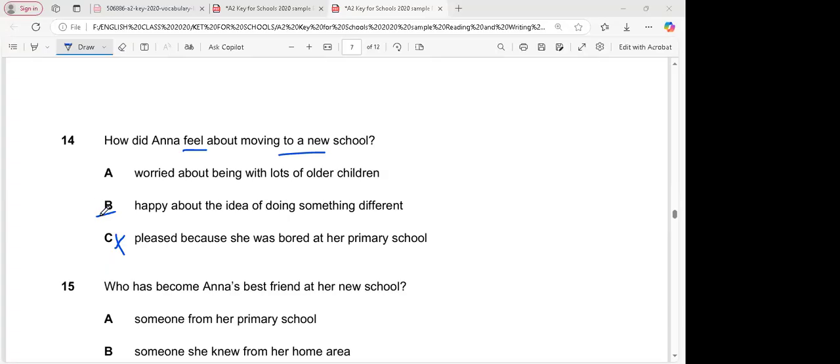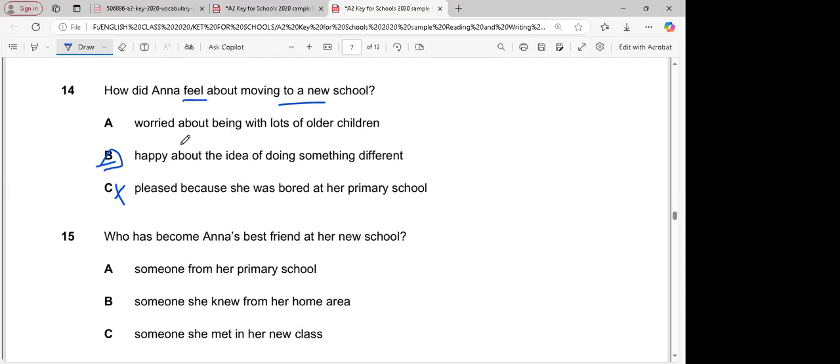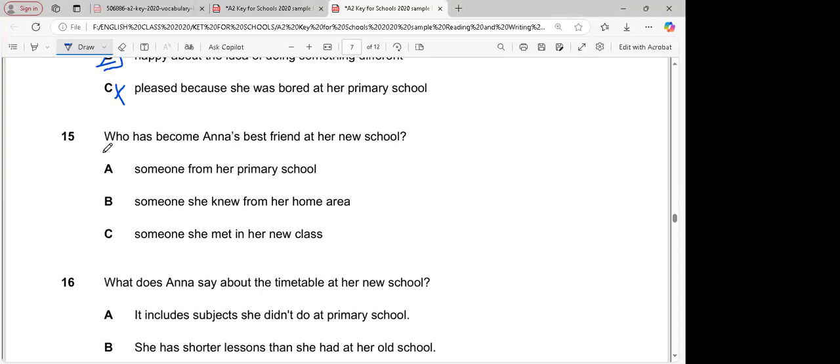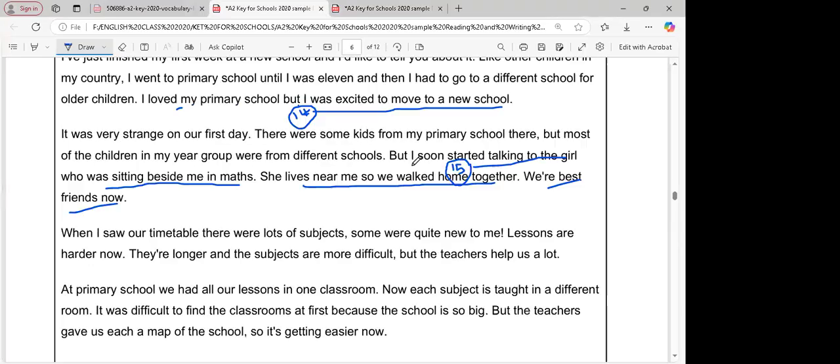So 14th you understood, no? So it's happy about the idea of doing something different because A and C don't match. And for 15, who has become Anna's best friend at her new school? It's mentioned here. I underlined that. It was very strange on our first day.